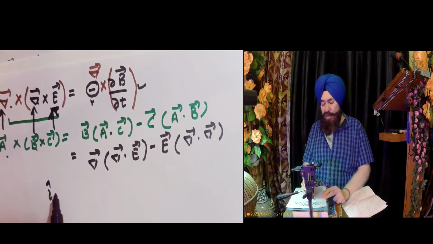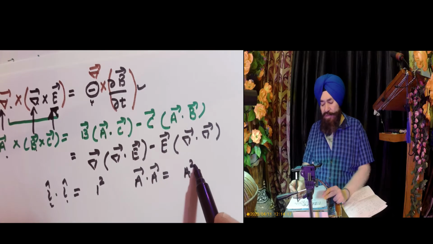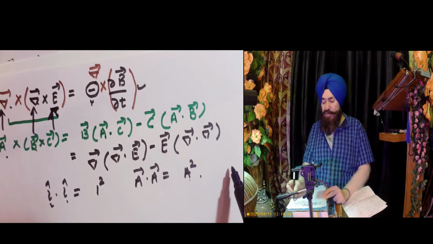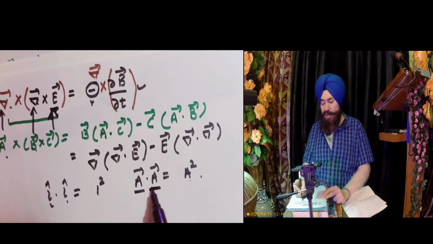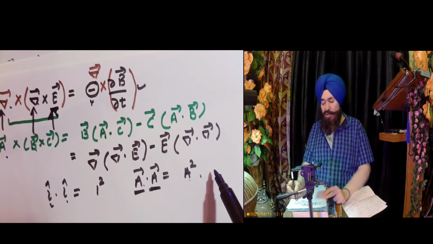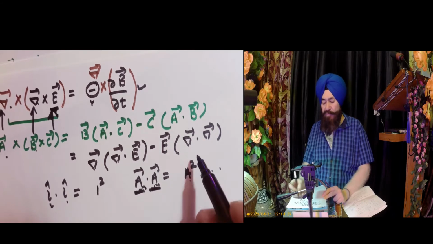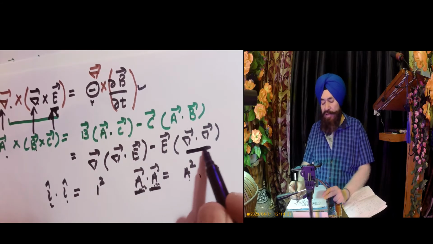Like I cap dot I cap, 1 means 1 square, or A vector dot A vector is A square. A cos theta, theta equals 0 because of the same direction. Dot product means A cos theta. Theta is 0 because the vectors are parallel. So here it is del square.